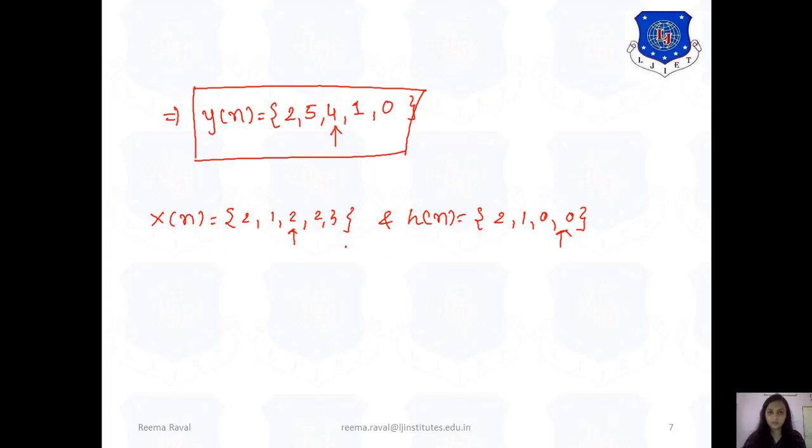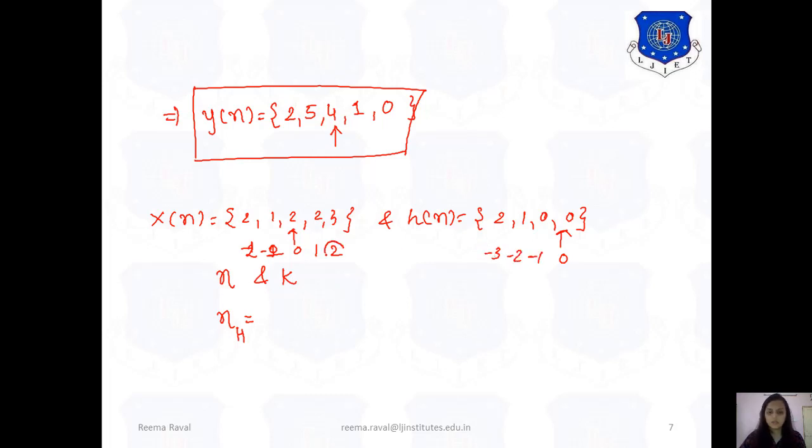So in any example, while finding linear convolution using the mathematical method, you need to define the range of n and k. So for this particular example, n will be in the range of higher and lower. So the higher range will be what? We will consider the higher range for x of n plus h of n, right? So over here the higher range is what? Minus 1, 0, sorry, 0, minus 1, minus 2, this is 1, 2, this is 0, minus 1, minus 2, minus 3.